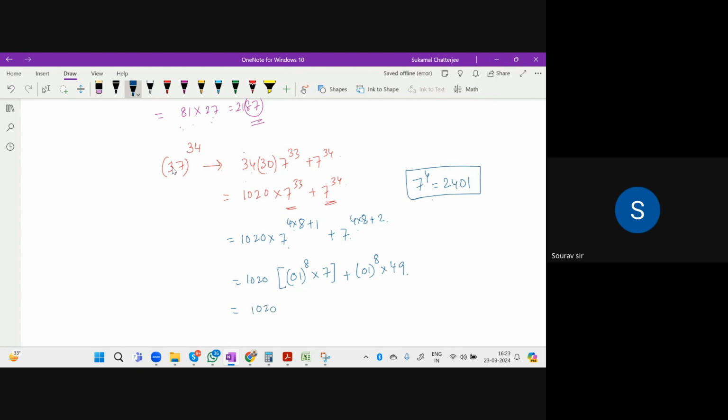So 1020 into 7, plus 1 into 49. So which is 7 into 20. You're just concerned with the last two digits. 7 20s are 140, plus 49, which is 189. So last two digits will be 89.